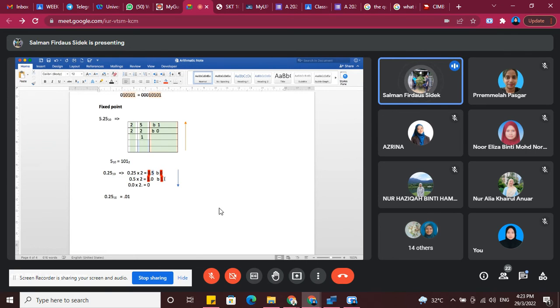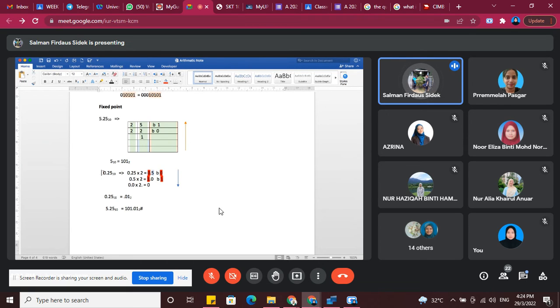You read the balance 0, 1. So if you combine both, 5.25 is equal to, susun je balik nombor tu. 5 tadi berapa? 101.01. That's it. Dah siap.